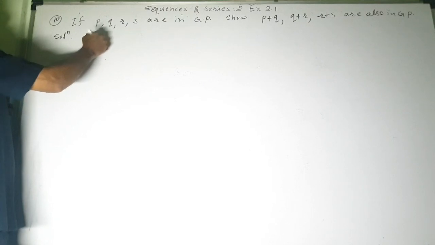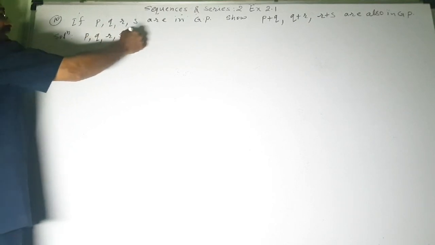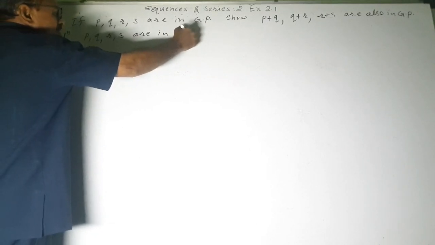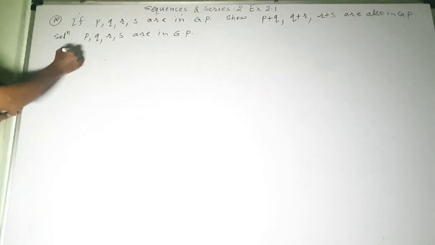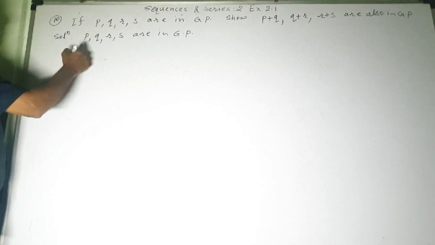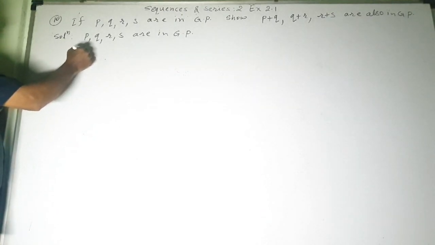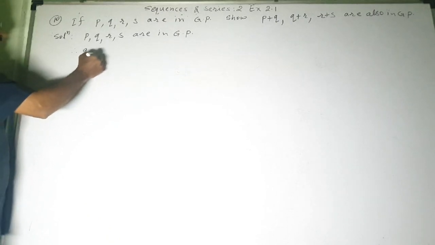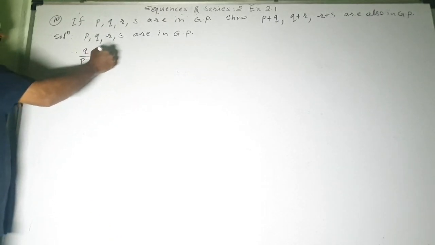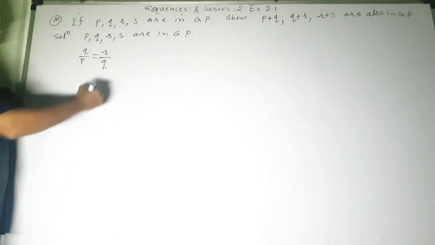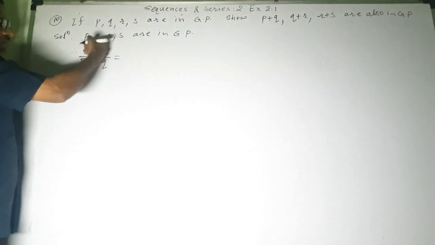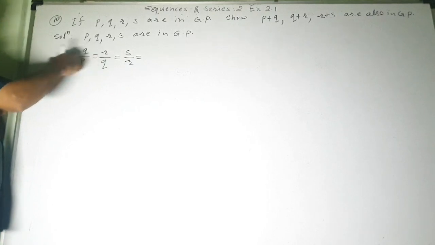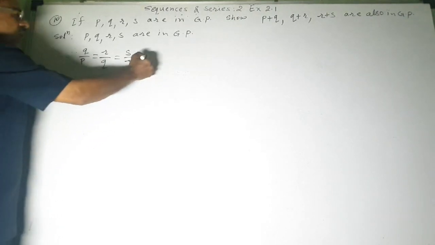P, Q, R, S are in GP. This is given. Therefore, I will say next term upon the earlier term, Q upon P is equal to next term upon the earlier term, R upon Q, is equal to next term S upon R, is equal to, this is constant, the ratio will be same, is equal to r.